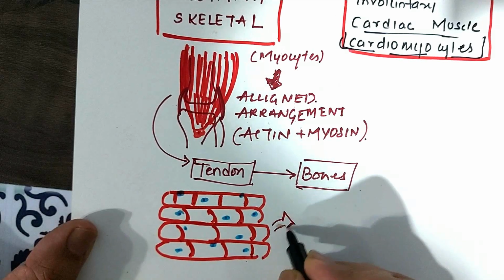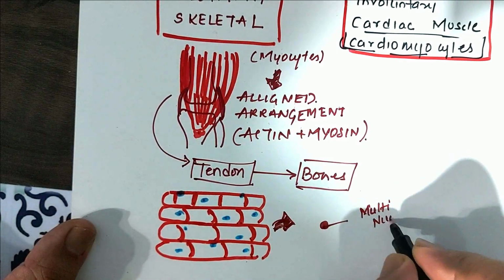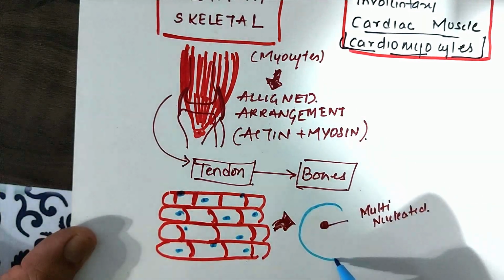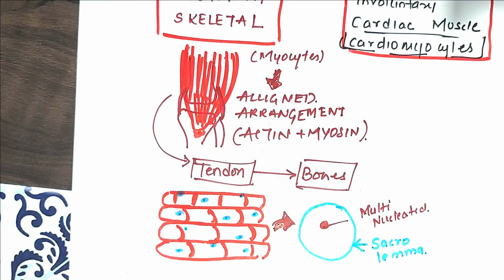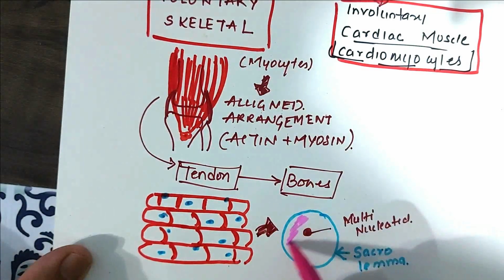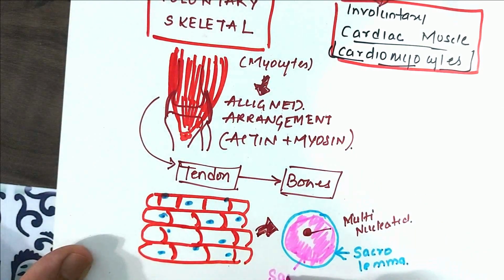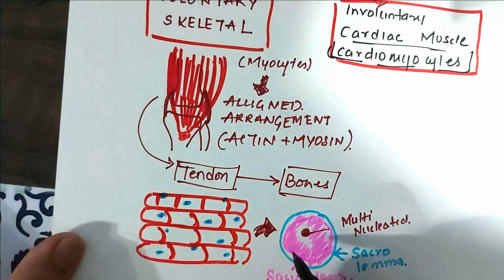They are multinucleated cells comprising a cell membrane called the sarcolemma. Within the sarcolemma, you will find a fluid appearance like the cell cytoplasm called the sarcoplasm.